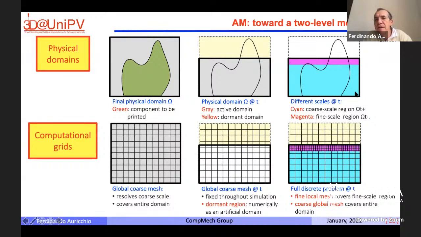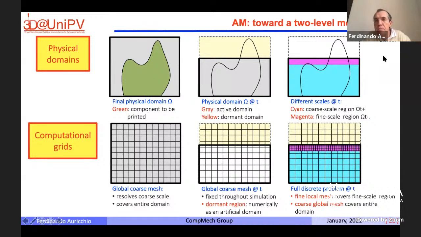So in the physical domain, you have a region where you deposit the material. In general, you have highly nonlinear phenomena there, and you have a region where your phenomena may be nonlinear, but not highly nonlinear. The point I want to make is that from the computational point of view, we have many difficulties. One is this evolving domain: the physical domain where you need to run your simulation is evolving in time.